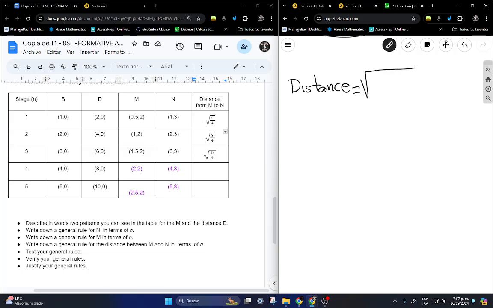And it's this one. So x2 minus x1 squared plus y2 minus y1 squared also. And we can actually find this expression by making that formula with these 2 points.